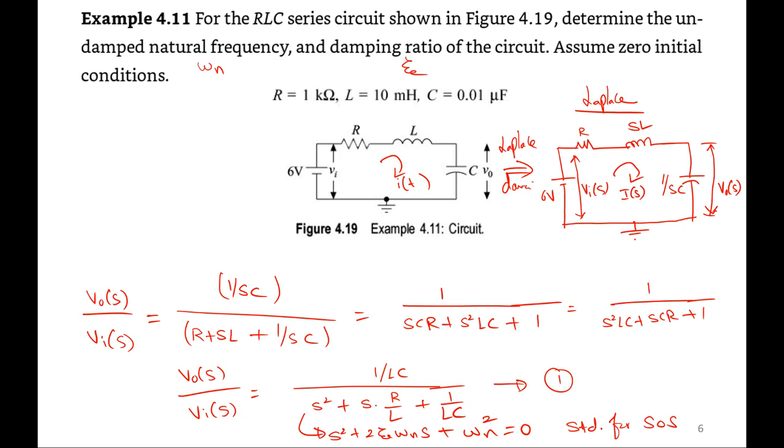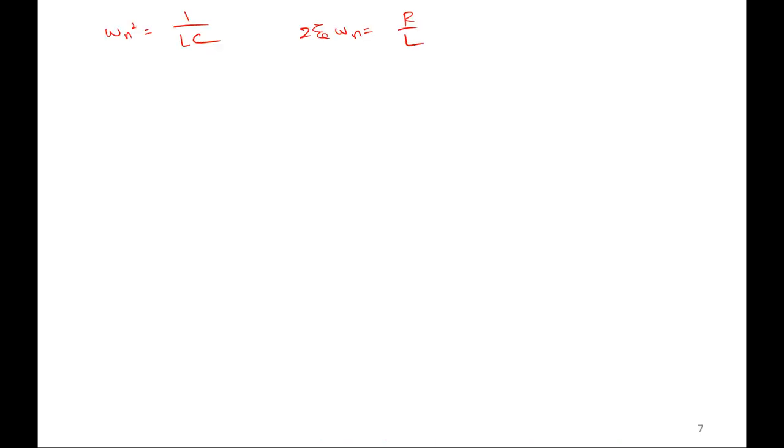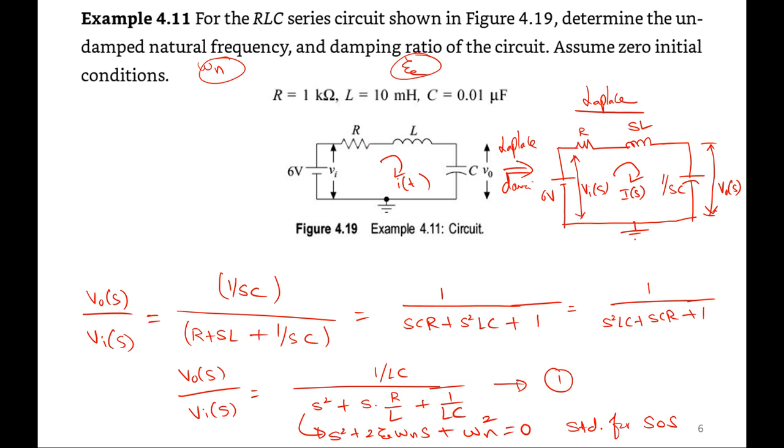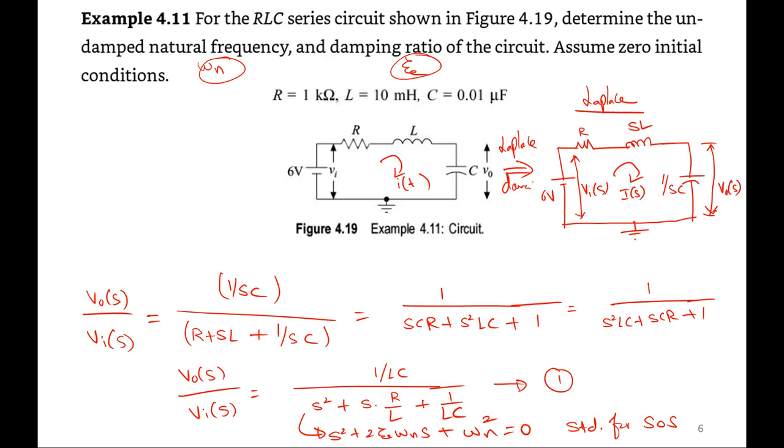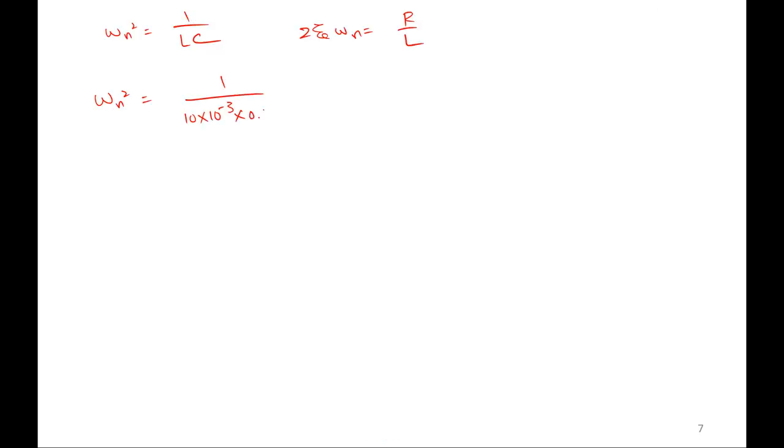In this problem, we are asked to find the undamped natural frequency omega n and zeta, and the values are given, so we will use them. Omega n squared is equal to 1 by L into C. L is 10 millihenry, 10 milli means 10 power minus 3, and capacitance is 0.01 microfarad, 0.01 micro means 10 power minus 6.